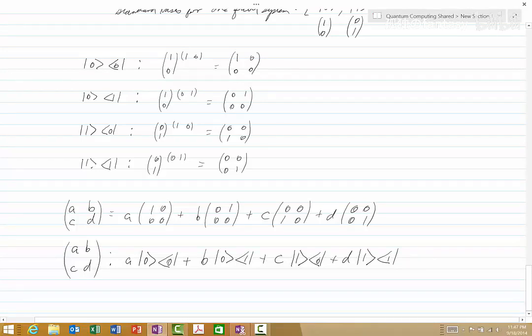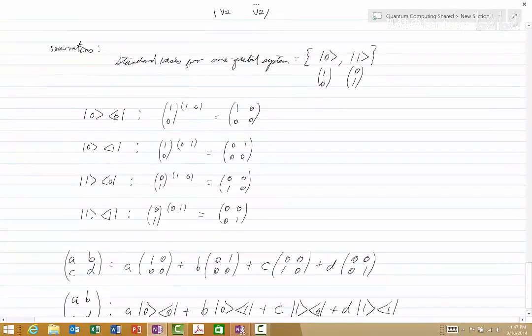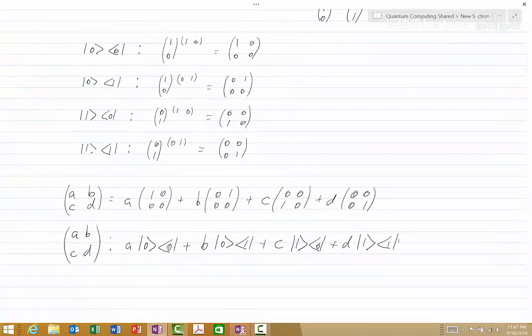And now that we see that, for any 2 by 2 matrix, it becomes a trivial matter for us to write down the operator in bracket notation corresponding to any 2 by 2 matrix.